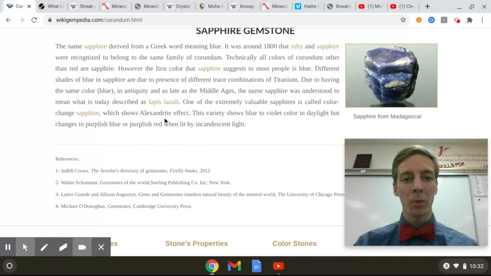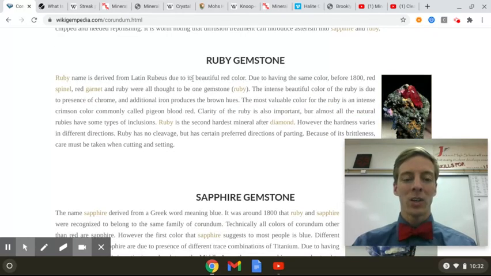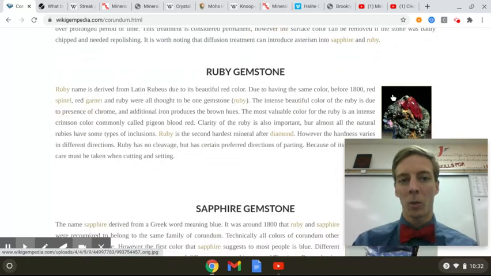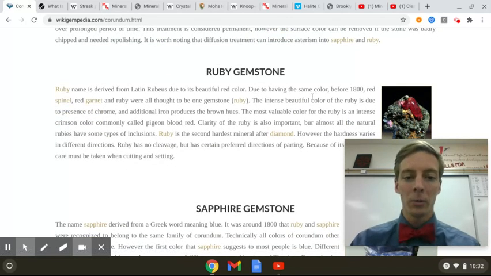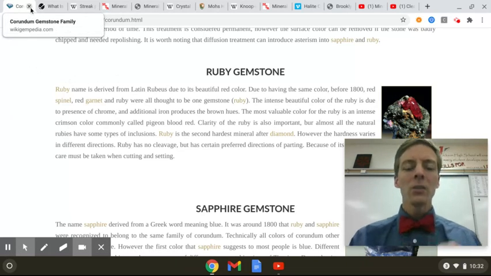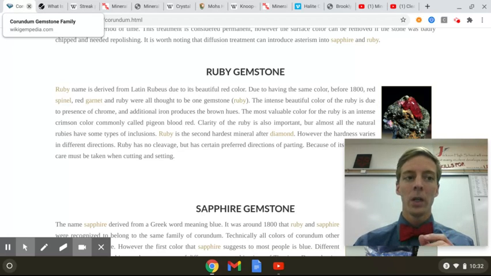Even though we think of it as blue, any of the other colors of corundum are also sapphires. So if I said we're going to go look for this blue thing, and you find this one, you throw it out back and ignore it, you found the corundum. You just didn't find the sapphire version. You found the ruby version. Small amounts of impurity can take some of these clear minerals and really color them.